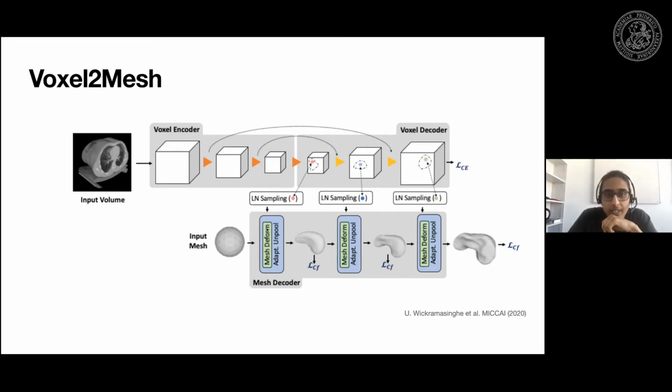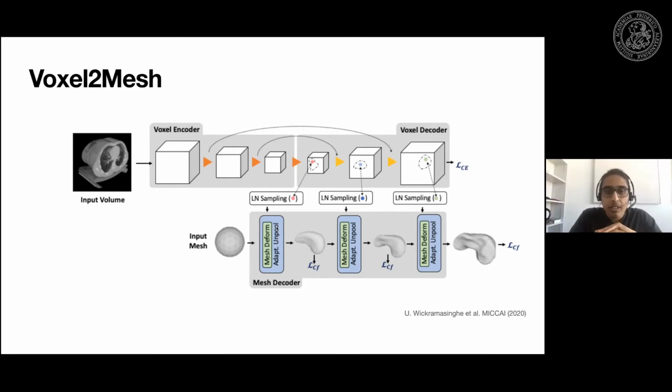So you have a mesh deform layer and an adaptive unpooling layer. A more accurate term for this would be mesh subdivision, but since in modern literature unpooling is more popular, we use that term as well. So mesh unpooling is actually mesh subdivision.